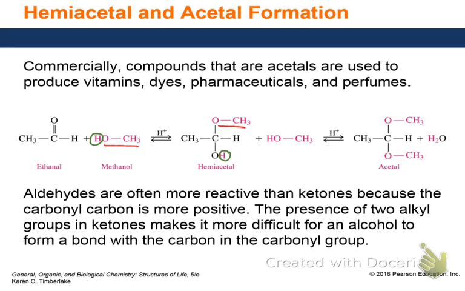So this part replaces this part. Now you notice that this has a hydrogen on it that's not being used, and this has a hydrogen and an oxygen. So the other product from this reaction is water, okay? So you start with an aldehyde, go to a hemiacetal, then to an acetal.